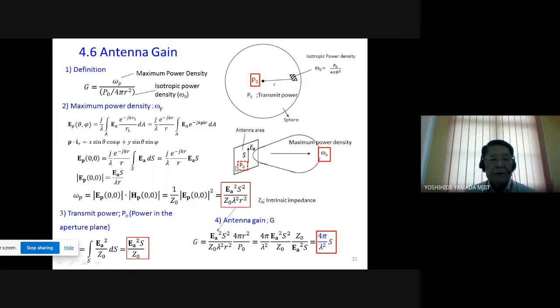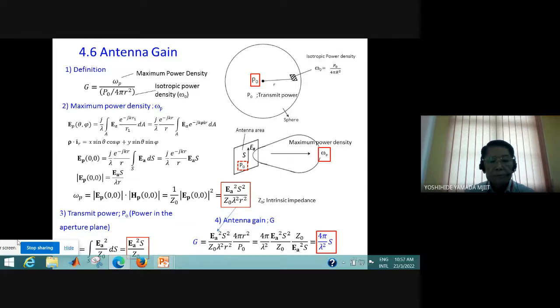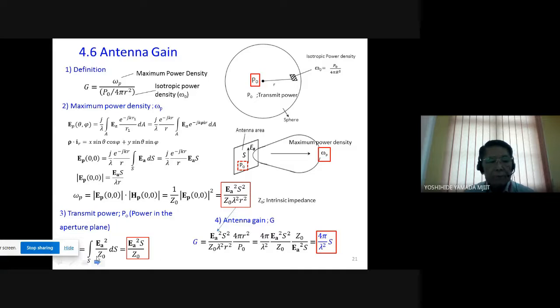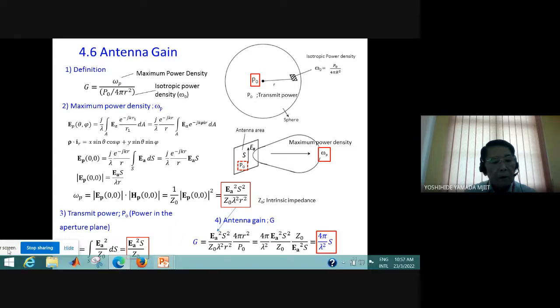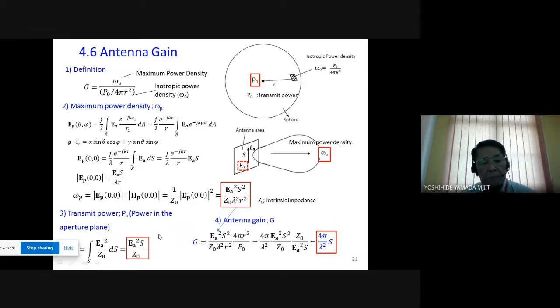So this omega P can be expressed by this equation, and also the aperture power is expressed by this one.